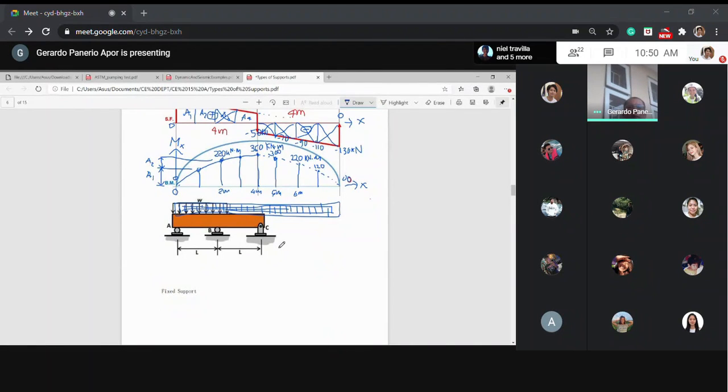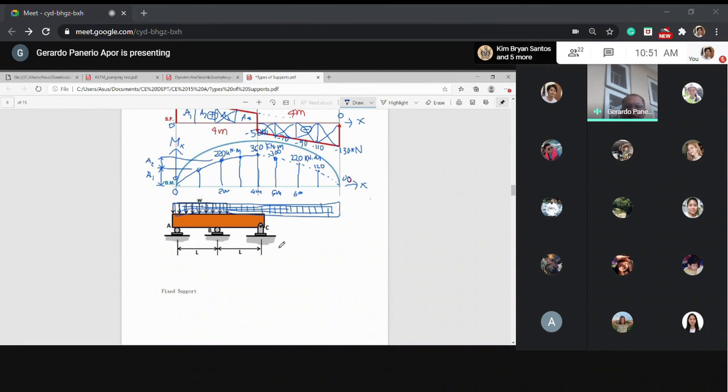That's the purpose of identifying supports properly: how to identify roller support, pin support, fixed support, in order that we can idealize the actual structure into a model. Because as I have mentioned, you cannot directly analyze an actual structure.